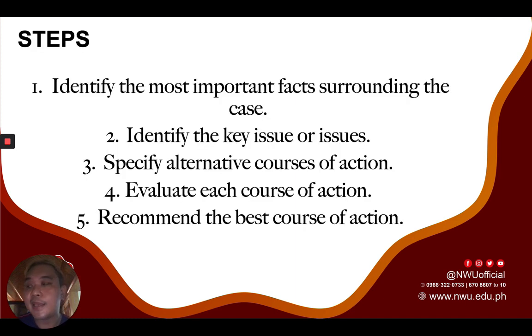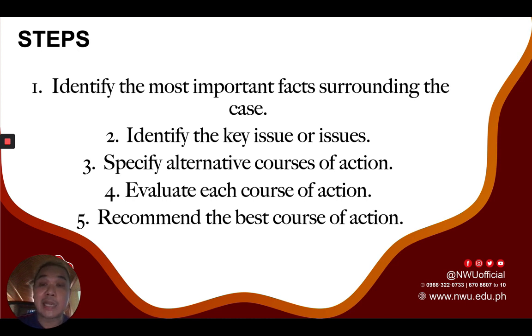Number 1 is to identify the most important facts surrounding the case. Second, identify the key issues of the case. And then you are to specify alternative courses of action, or simply saying, give possible options to solve the problem.